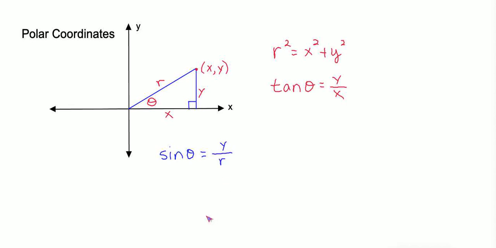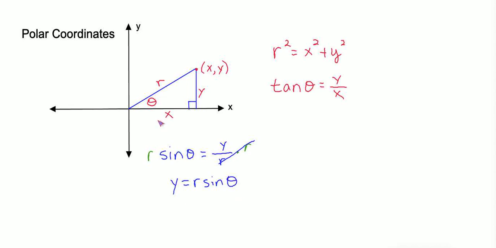Since I want to solve this for y, if I multiply both sides by r, then I have it in terms of y. y will be equal to r sine theta. That's going to be very helpful and important for you to remember.